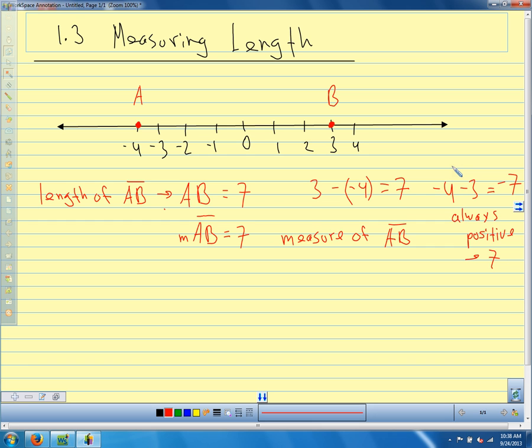So that's really the basic idea of measuring length. The important thing to remember is we write the length of a segment just with the endpoints of the segment. Say AB, the length of AB equals 7. We pronounce that the length of segment AB. And sometimes you'll see M segment AB, which means the measure of segment AB. We always get a positive number for length.